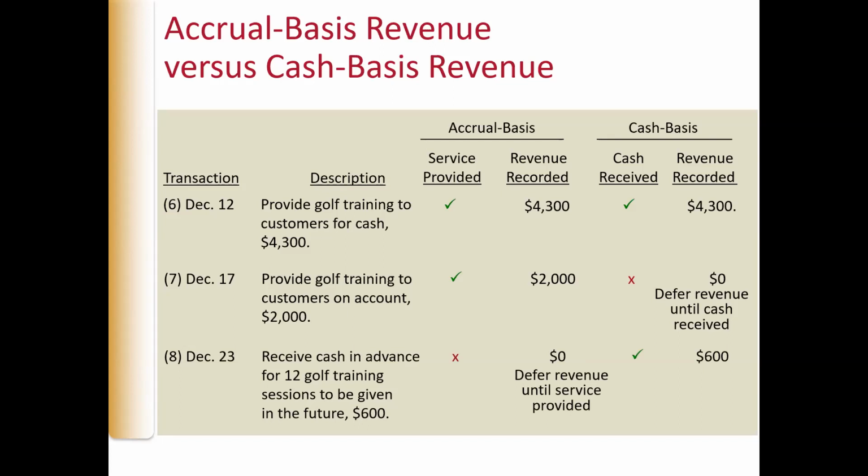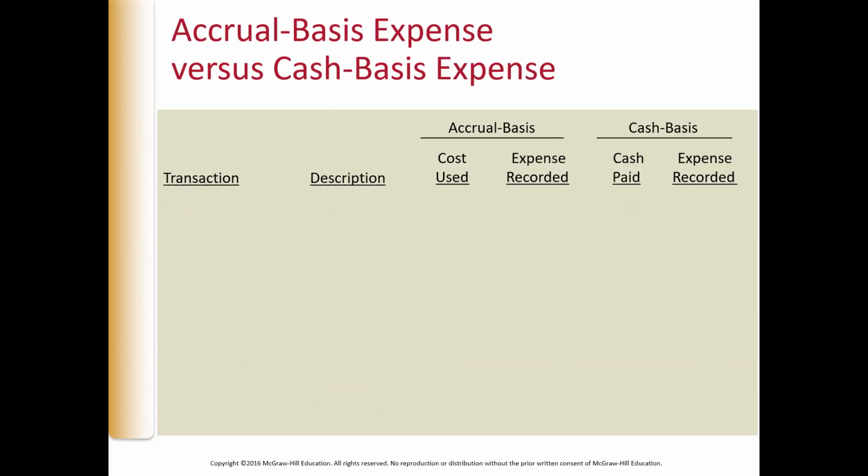We have a future sacrifice. But under the cash basis of accounting, we would actually record that as revenue, even though we didn't do anything yet. We have not provided the services.